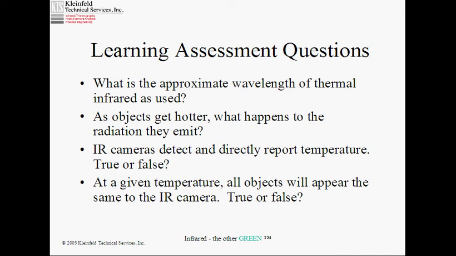Why? At a given temperature, all objects will look the same to an infrared camera. Absolutely. So for example, if I take a shiny aluminum fry pan and I paint half of it matte black with a high emissivity paint, and I put it on the stove, and I get it up to frying temperature but dry, and I look at it with the camera, the shiny aluminum side looks like it's about 70 Fahrenheit.